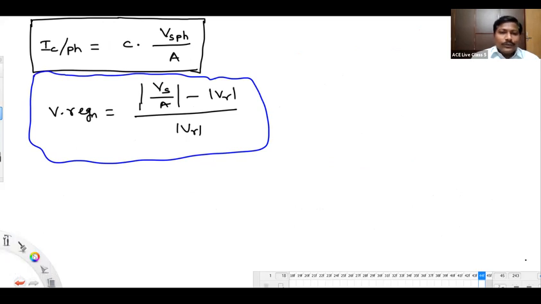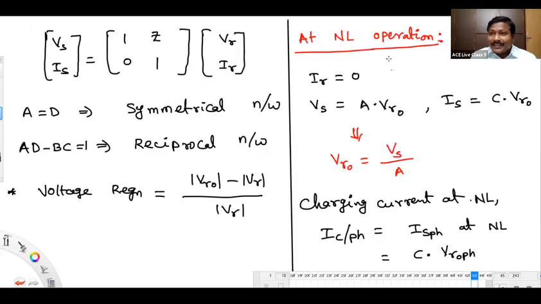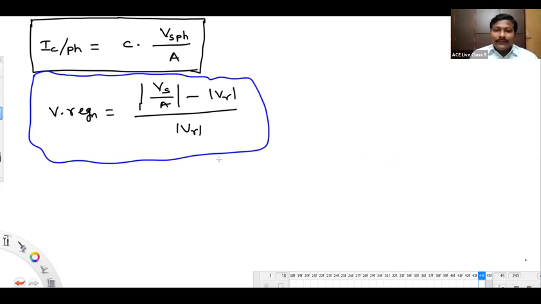I'm asking one very simple question: whether this voltage regulation equation is valid for all cases or not. Can I use this for medium lines and long lines? Yes, we didn't take up the short transmission line anywhere in this discussion. I have just taken the generalized ABCD equations, and we came to know the voltage regulation equation like mod Vs by A minus mod VR by mod VR.